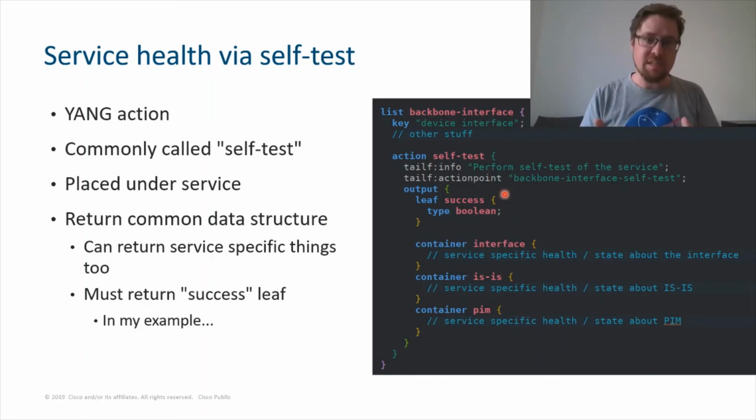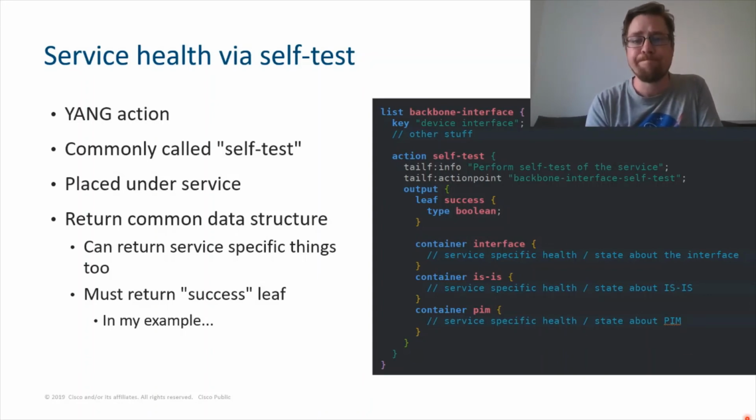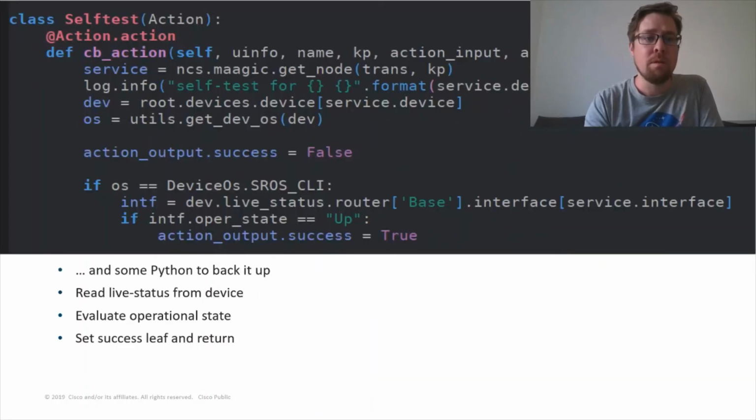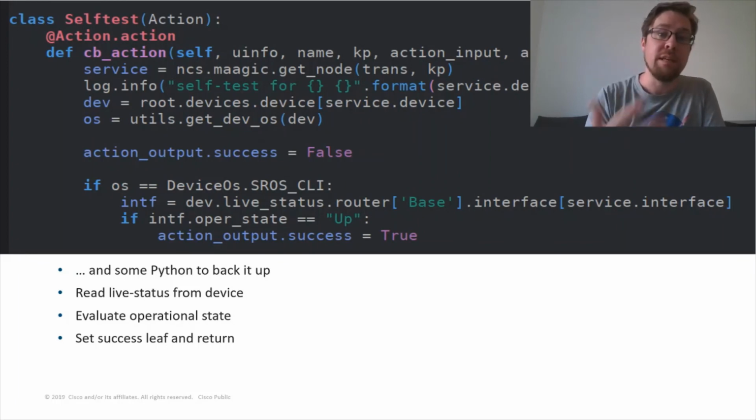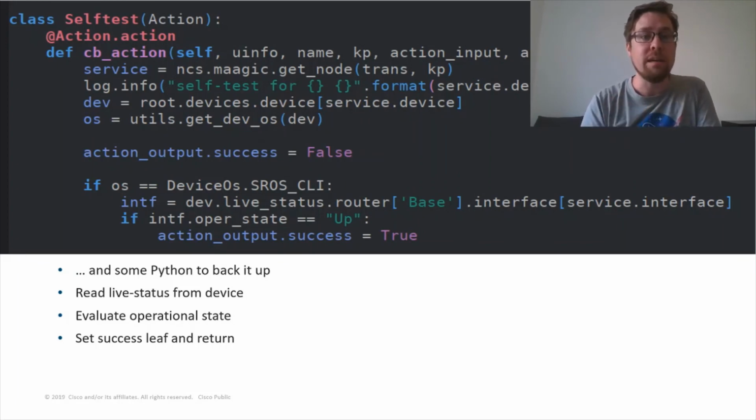If it returns the success leaf and it's true, then the service is healthy. Also notice that this lives under each service instance, right? So when we run a self-test, we run it on a particular instance.